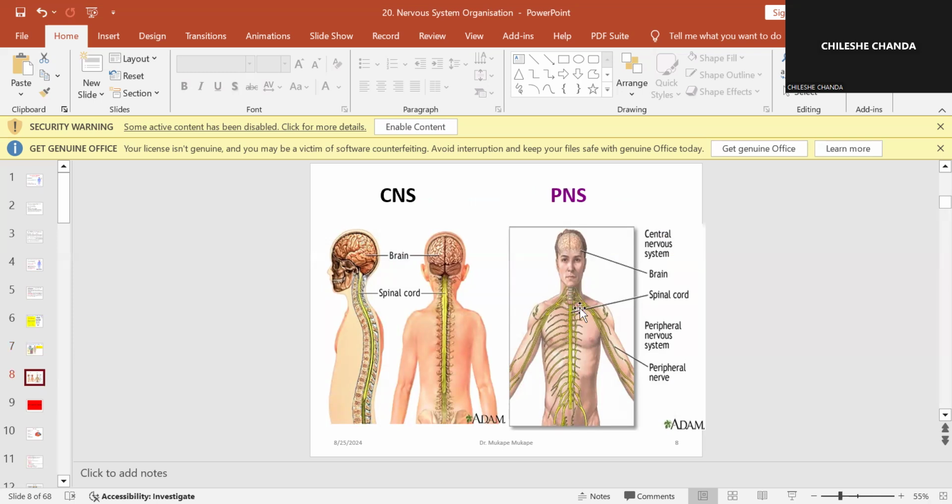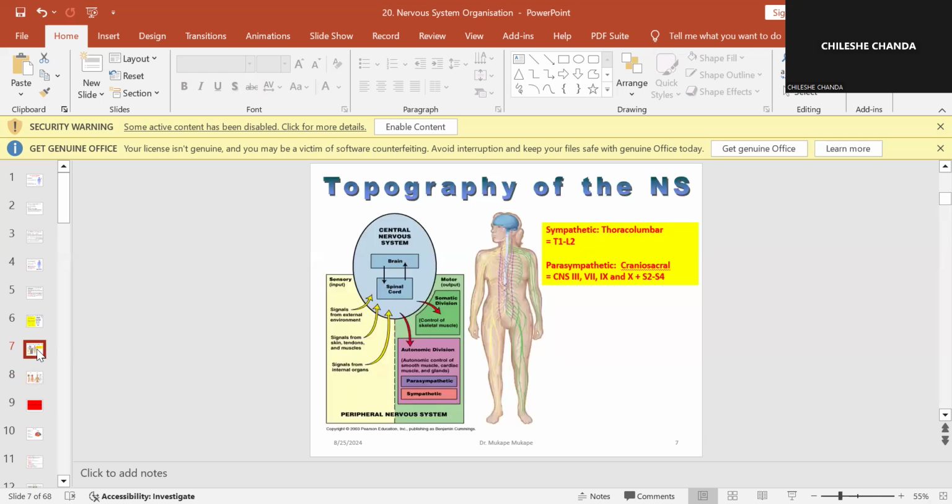From T1 to lumbar 2, that is where the sympathetic nerves will emerge from. They are not completely sympathetic, but that is where we are going to find sympathetic nervous system nerves coming from.